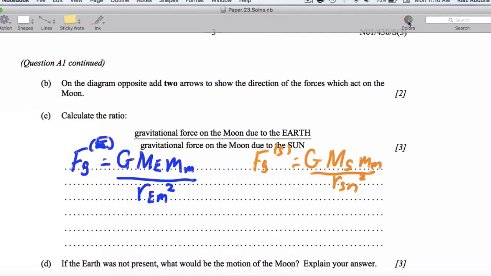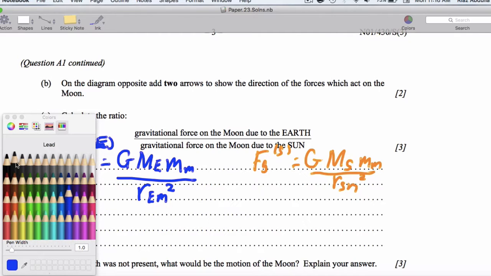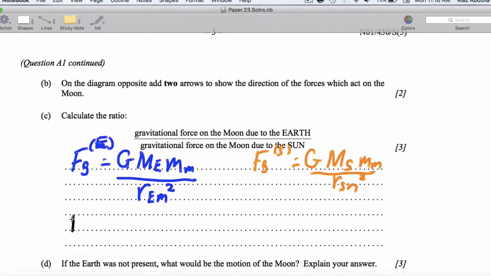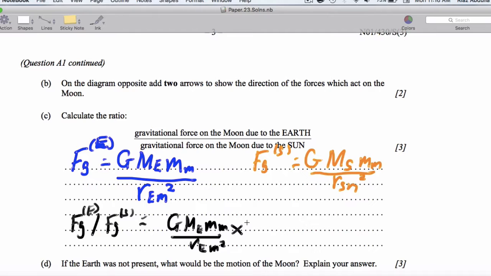Now what we're going to do is take Fg of Earth over Fg of the sun. A rule from algebra: to divide two fractions, you multiply by the reciprocal. So G M_E M_moon over R_EM squared times R_SM squared over G M_S M_moon.